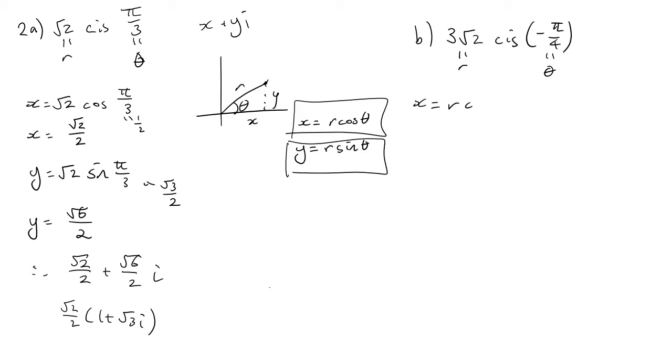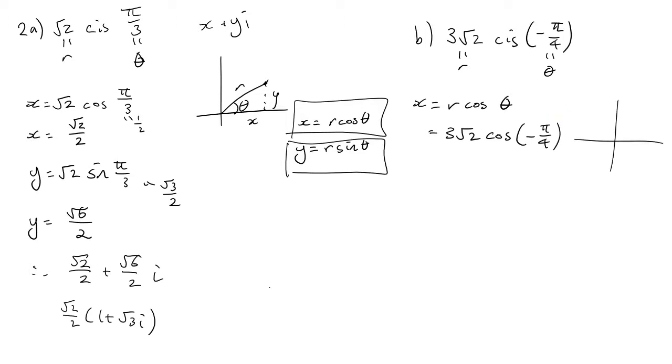X equals r cos theta. In this case, r is 3 square root of 2, and cos negative pi on 4. Now, if you're not familiar with negatives, you can always add 2 pi and make it into a positive, but we'll just go with a negative in this video.